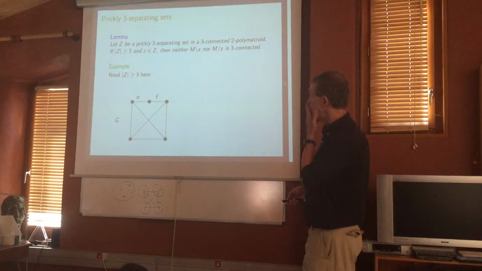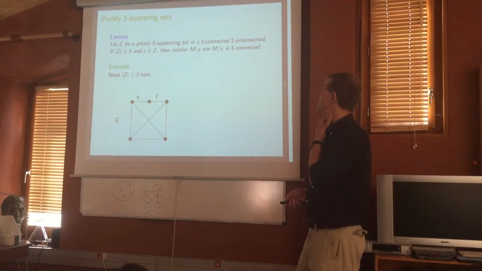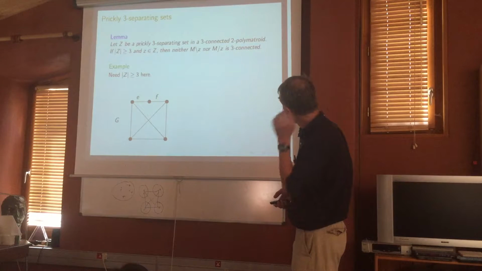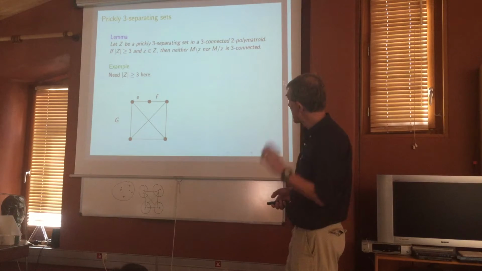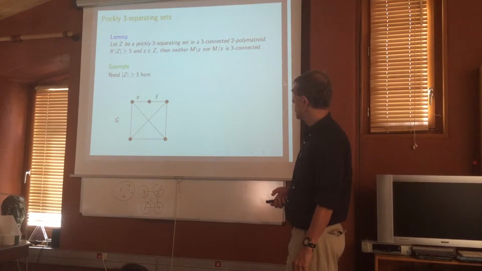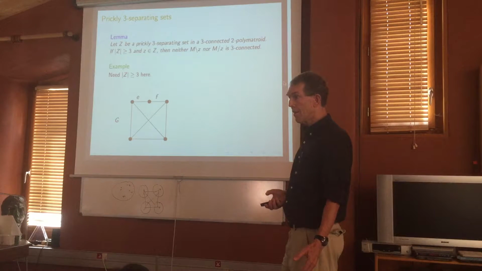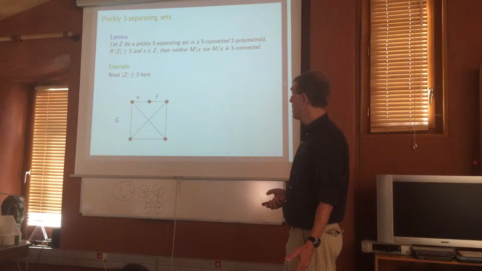Here's an example. So let's see what happens. If I delete the element E, then you can see that I've destroyed 2-connectivity of the graph. So I'm not going to be 3-connected.